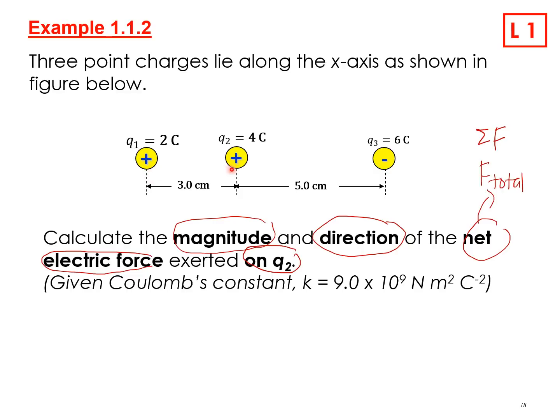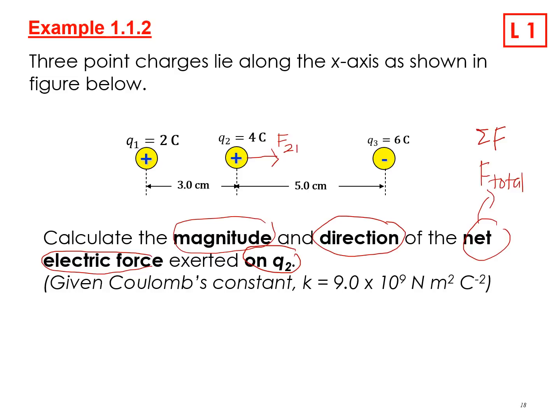So, same charges will repel. If repel, meaning that the charge will move away from Q1. So this is the direction of electric force on charge 2 due to charge 1.